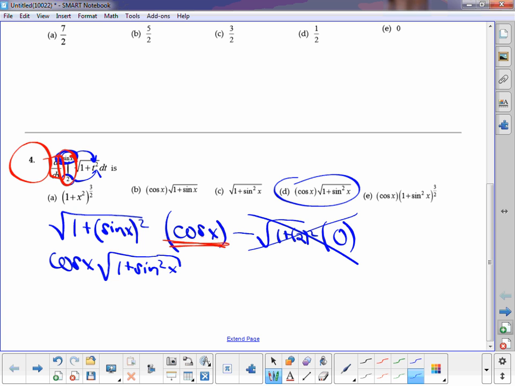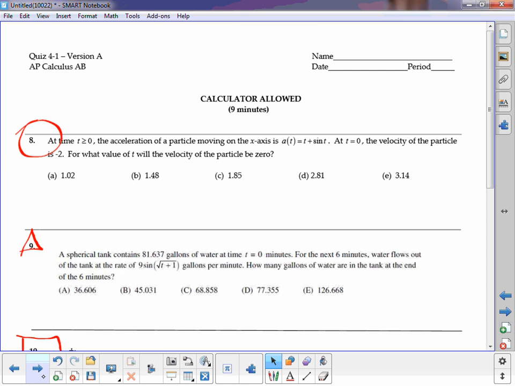Okay, so then we've got number 8. Alright, calculator piece. So at time t equal to 0, the acceleration of a particle is given by this expression here. At t equals 0, the velocity of the particle is -2. That screams initial condition.